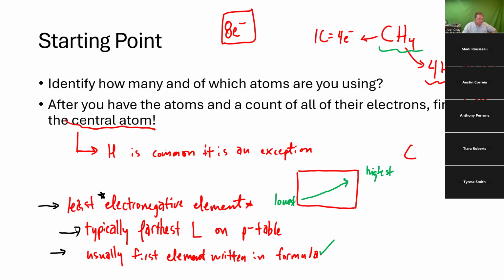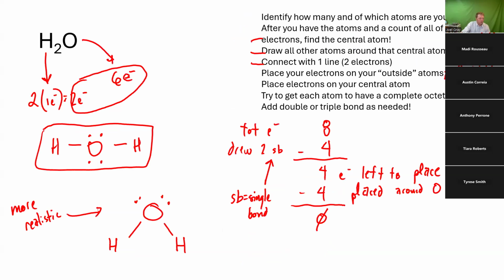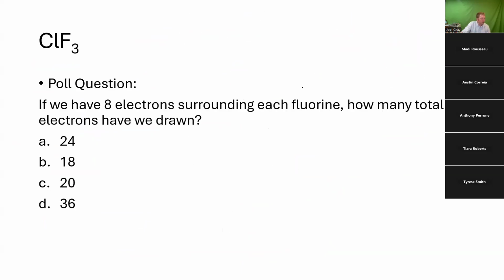Now, I would give you electronegativity values so you can reference them. But more times than not, if these first two options don't help out, you're going to be able to look at an extreme and say something other than fluorine is the central element. Okay, so now what we've got is chlorine.